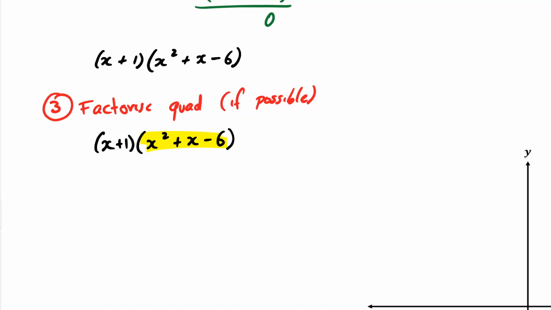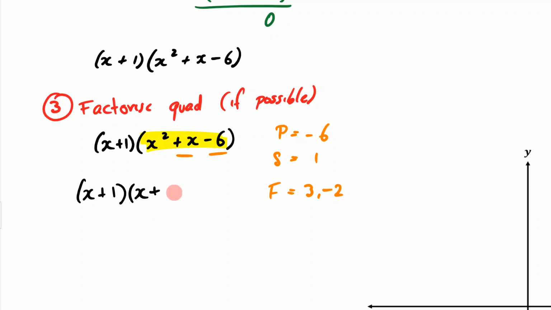Well, to do that, I need a product of negative 6 and a sum of 1. What are those two things going to be? Well, it's going to be positive 3 and negative 2. Yes. So that means what I'm going to end up with here is x plus 1, x plus 3, x minus 2. So that's what I'm going to end up with.